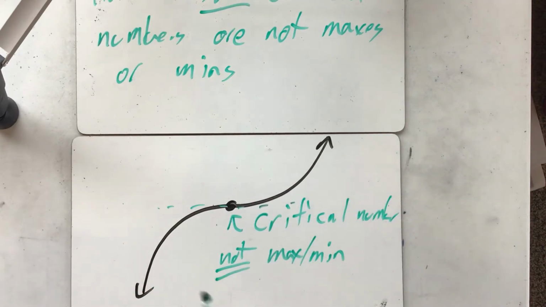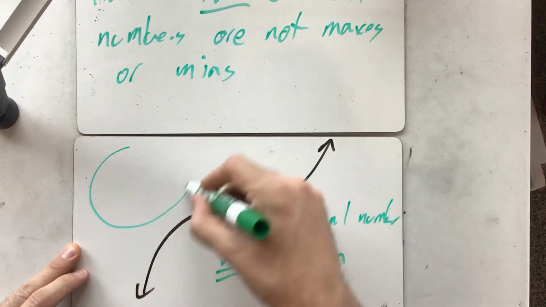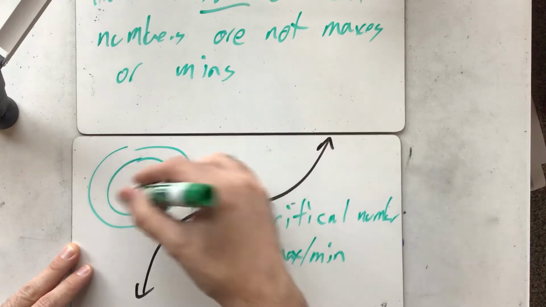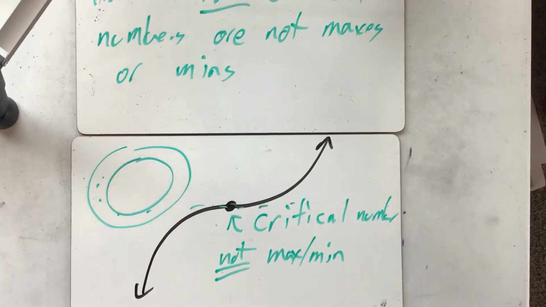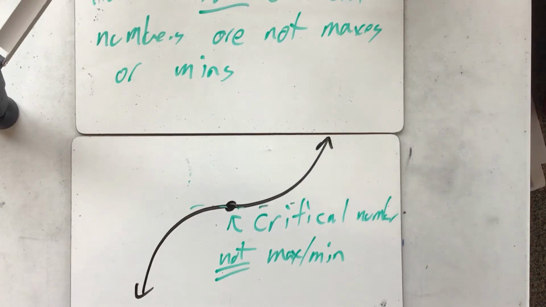One way of thinking about this is that you've got all of your critical numbers right here, and your maxes and mins are inside of your critical numbers, but there are some critical numbers that are not maxes and mins. I don't know if that picture helps, so I'm going to erase it before I confuse anyone too much. If it helped, good for you. Okay.